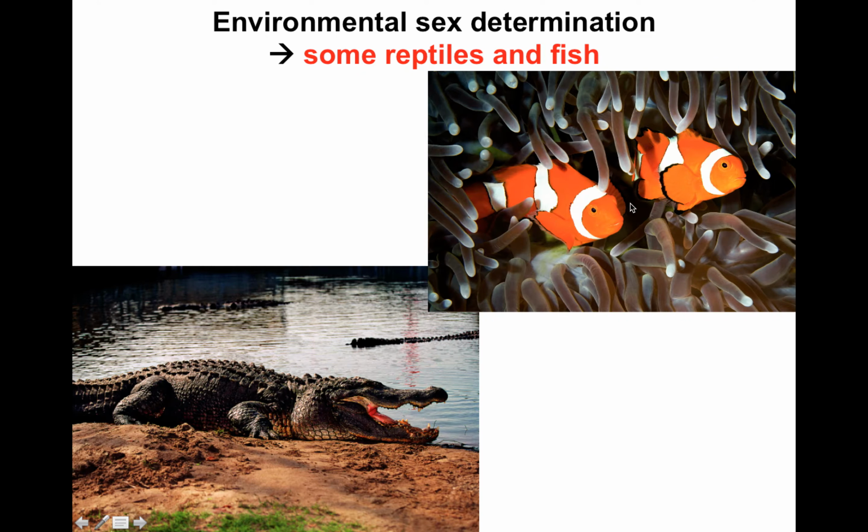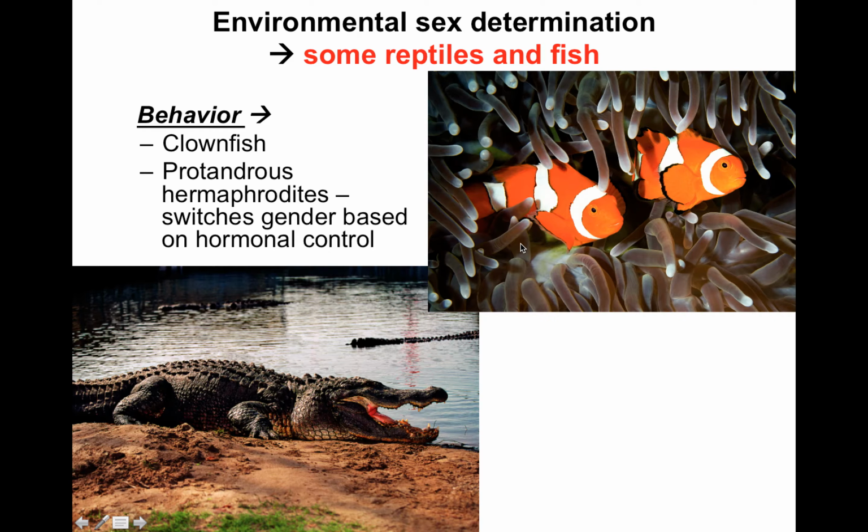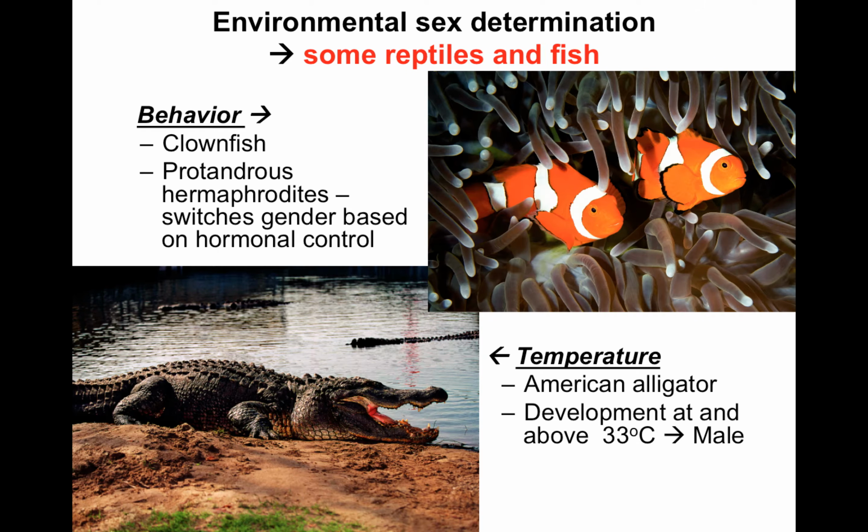Clownfish are protandrous hermaphrodites. That means that they switch gender based on hormonal control. So a clownfish can start out as a male and turn into a female. The American alligator and other reptiles have temperature as their determining factor of whether or not they're going to be male or female.